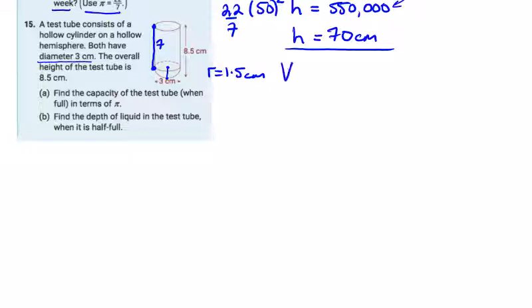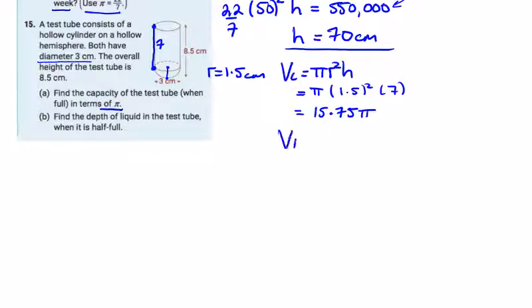Okay, let's look at the volume of the cylinder. Pi r squared h, in terms of pi. So we have pi by 1.5 squared by 7, which gives 2.25 by 7 pi, which is 15.75 pi.